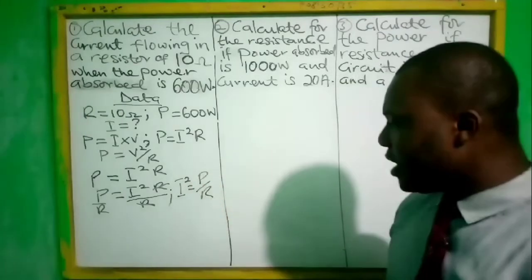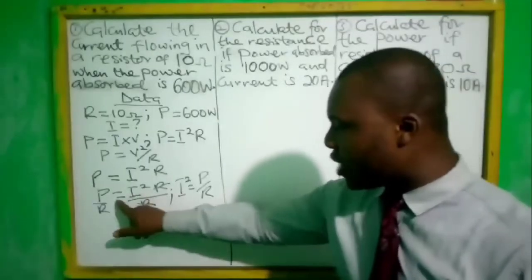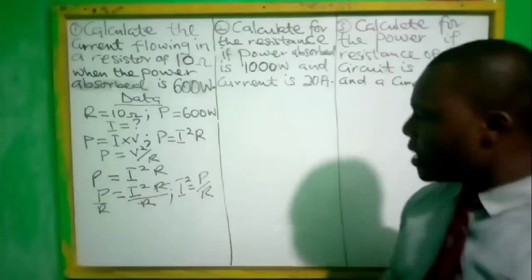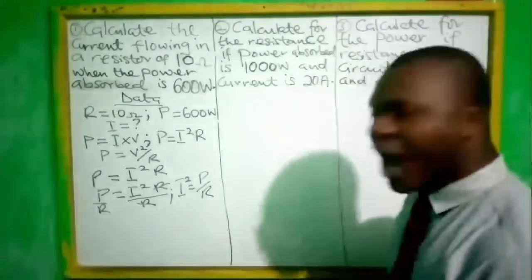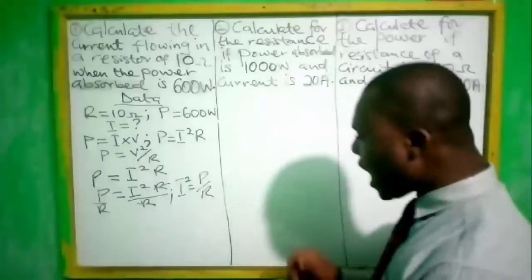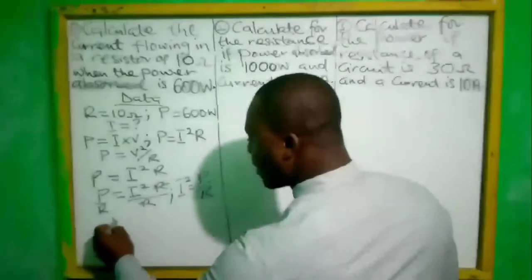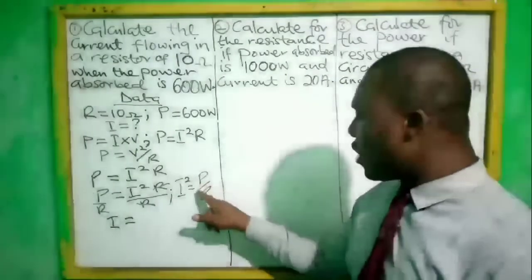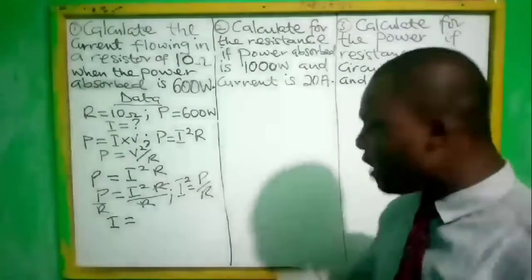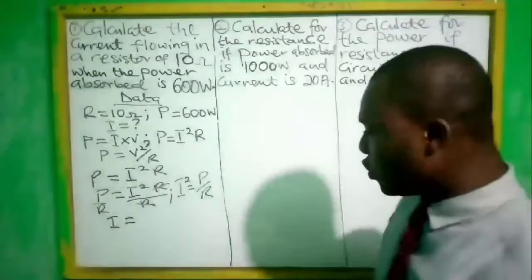As we can see, it remains I squared. So I squared equal to power over R. Now we are not asked to calculate for I squared. We are asked to calculate for current, which is I. So therefore we say current equal to, to cancel this square, we have to bring it here, which will become square root.